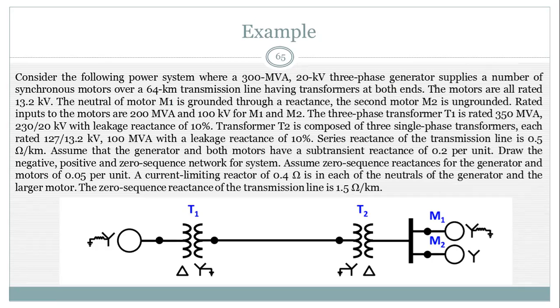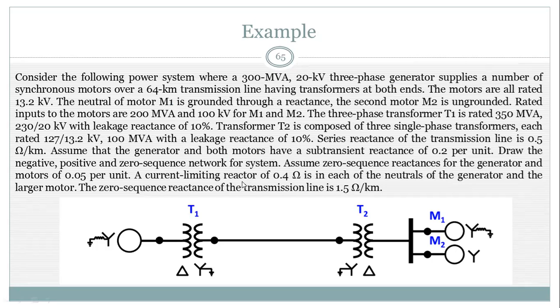But before drawing the sequence networks, we have to convert all the impedances of the devices, including the transmission line, to a new base per unit value. So you have to change the reactances to the new base, so new per unit values, based on the new given ratings in the question.